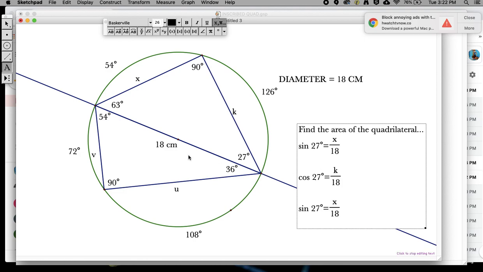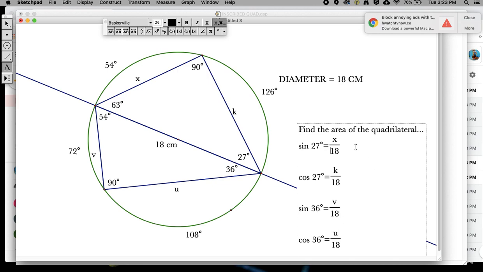I am going to use 36 degrees. Sine of 36 is equal to, this time it's going to be V over 18. And then the cosine of 36 degrees is equal to U over 18.